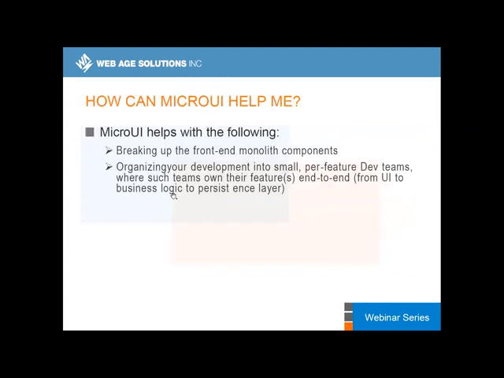So micro UI, if you adopt this idea and start thinking how you would incorporate it, is not hype. It's a practical thing which is supported by JavaScript libraries where you can start building single page applications. It helps you to further break up monolithic applications.